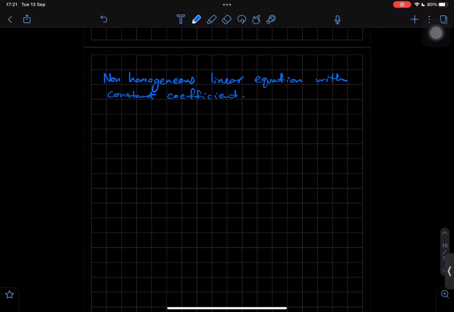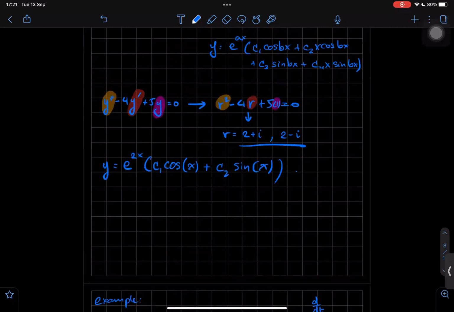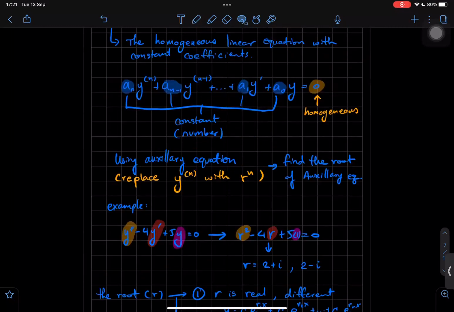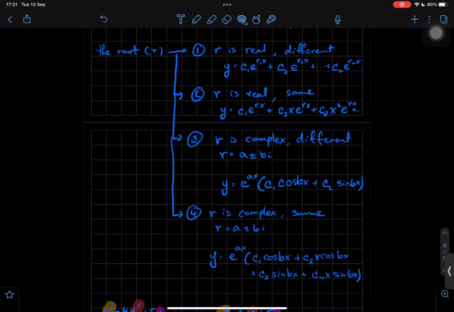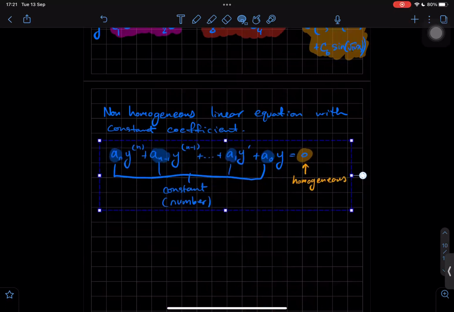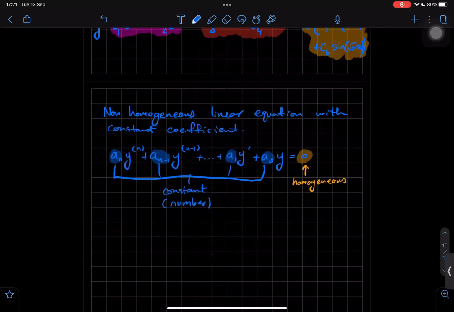When you want to solve the non-homogeneous equation, let me take this one. The homogeneous part is here, and the left hand side is the same. We change homogeneous to non-homogeneous, so the right side is not going to be 0.